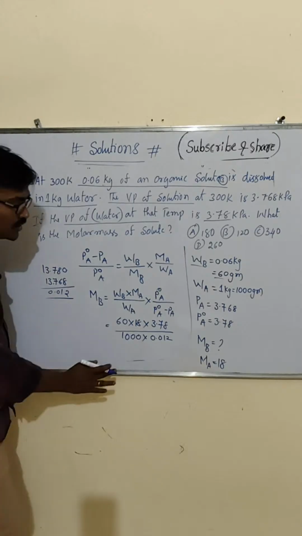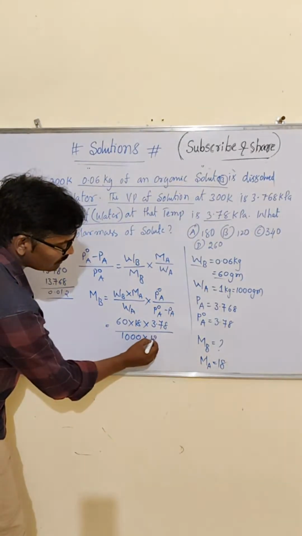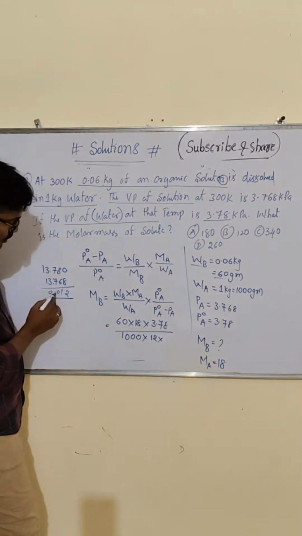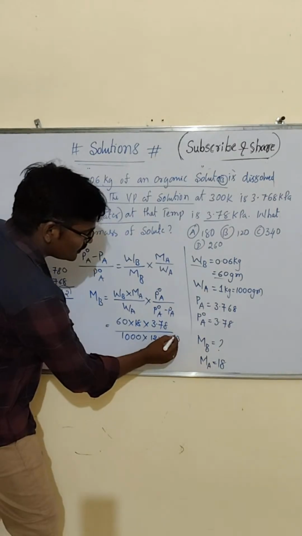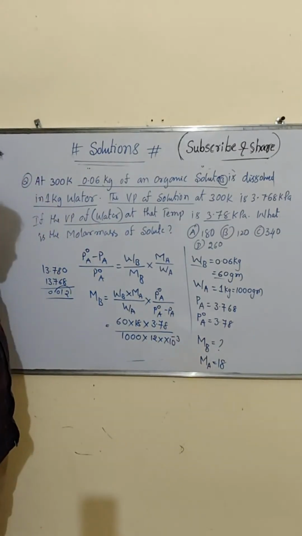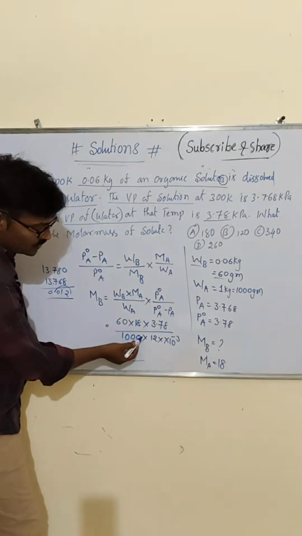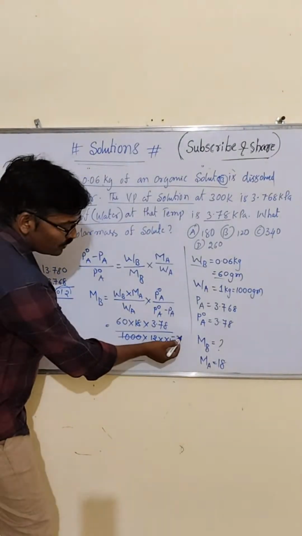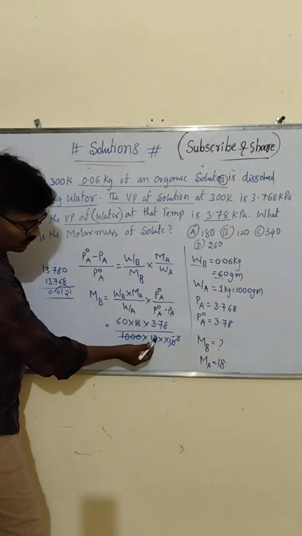Remember, 0.012 we can also write as 12 into 10 to the power of minus 3, right? So 10 to the power of minus 3, both will be cancelled. Then 12.